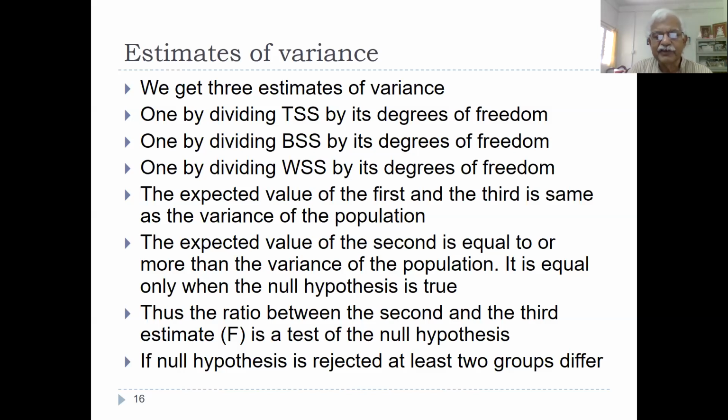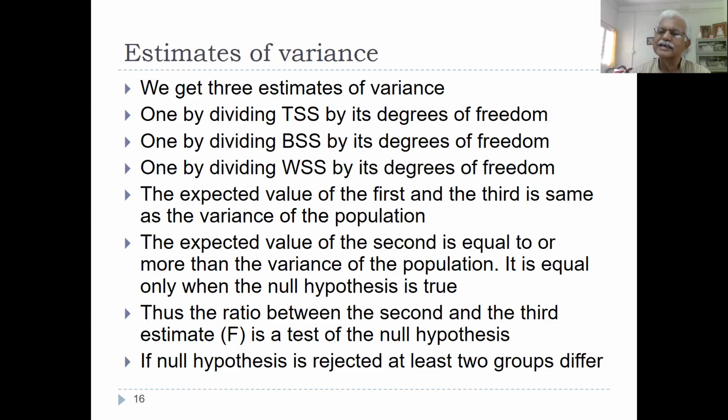If the value of F is 1, then there is no significant difference between the groups. But how do we decide that if the value of F is, suppose, 2 or 3 or 4 or 4.2 or 7.2 or 8.9, then we will say that there is a significant difference?